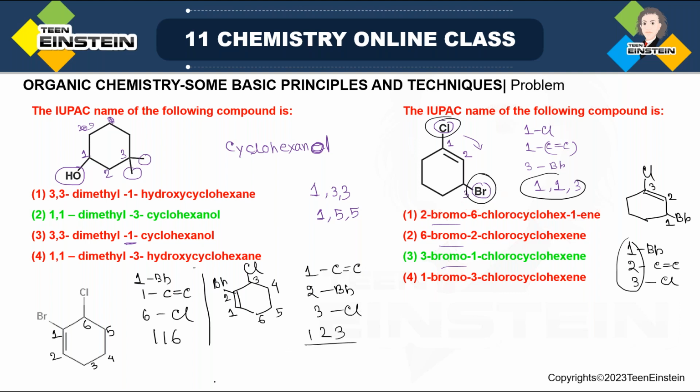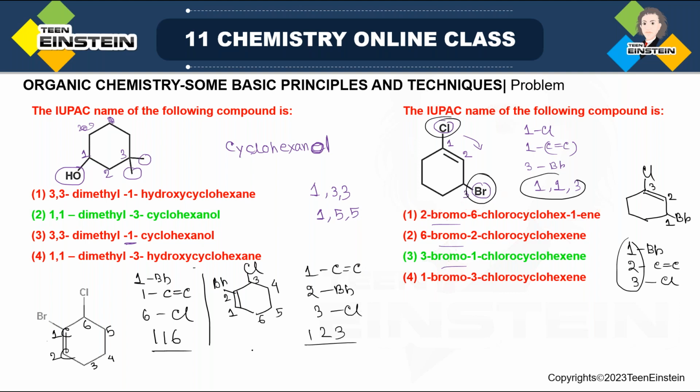And you can also try other directions if you are thinking of any. You will always find that this is the best option. So these are the two ways we can choose numbering, because there is a C=C double bond. Either you start from this carbon of the C=C double bond or that carbon of the C=C double bond. Both we have tried and we have seen that 1, 1, 6 is better.